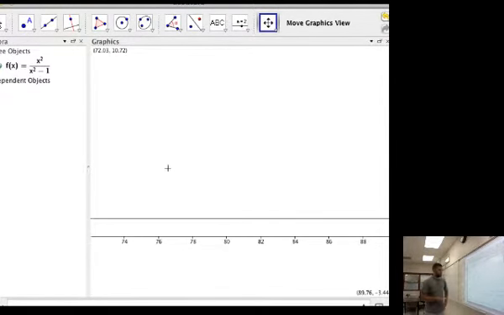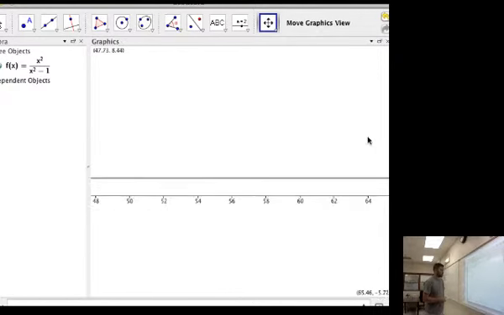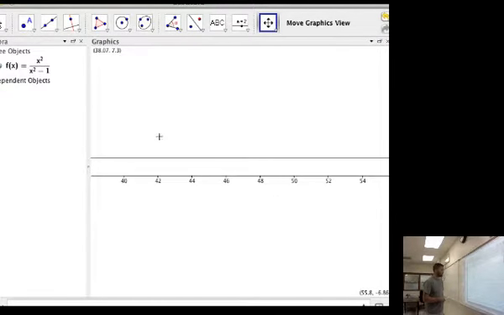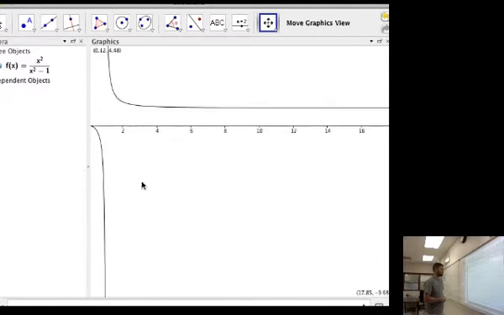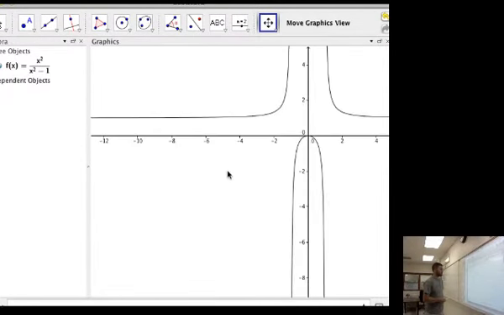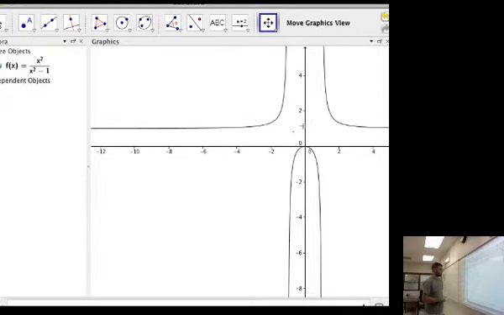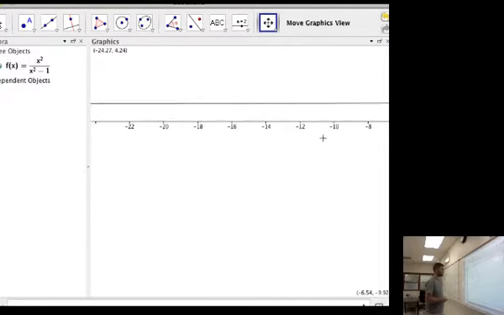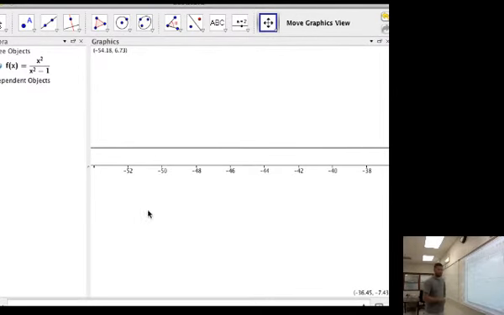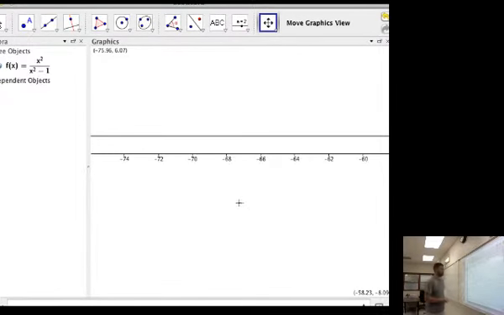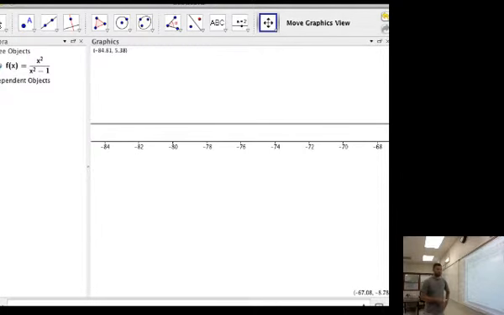So you can look at horizontal asymptotes in terms of the limit as x approaches infinity, or how about on the other end? What happens as x goes toward negative infinity? See, here's our 1 still. If we go in the other direction, I think we're also getting really close to 1. It's still staying really close to 1. So we would say there's a horizontal asymptote at y equals 1.